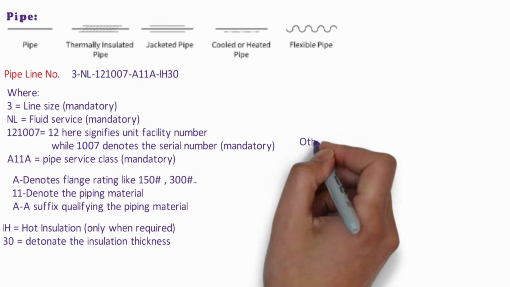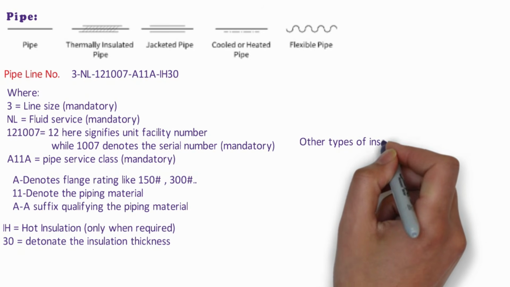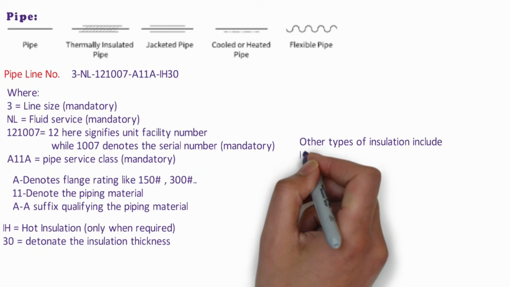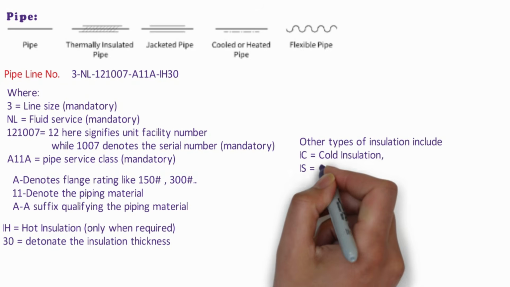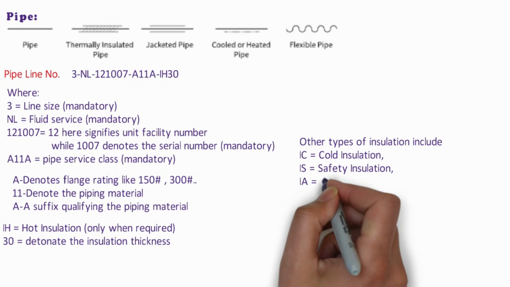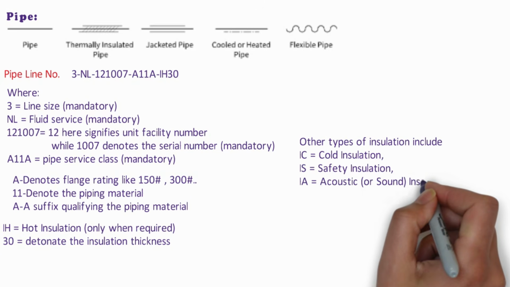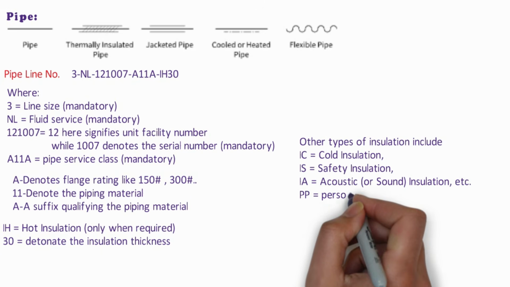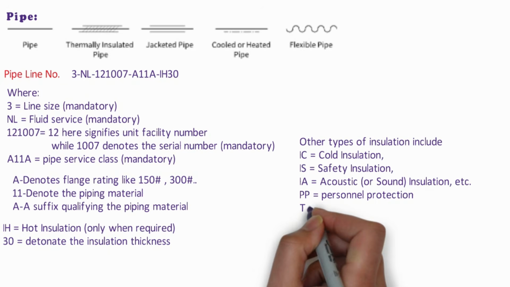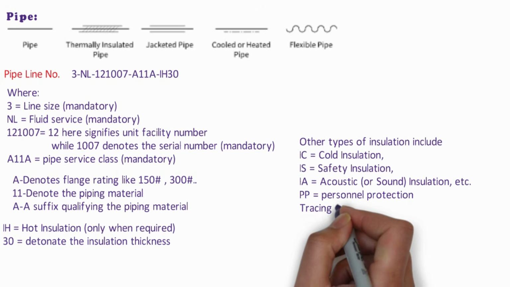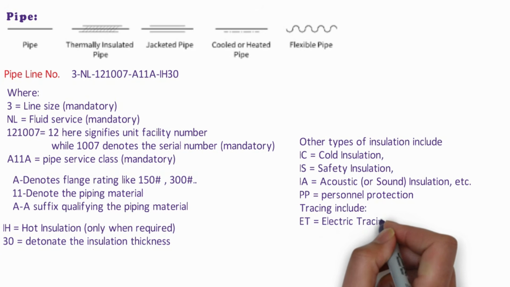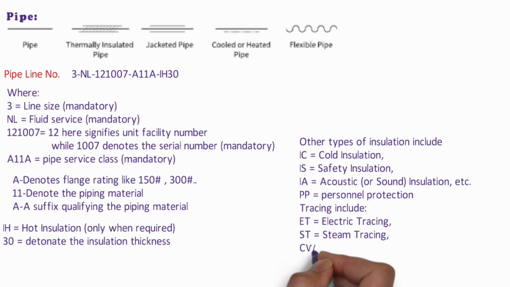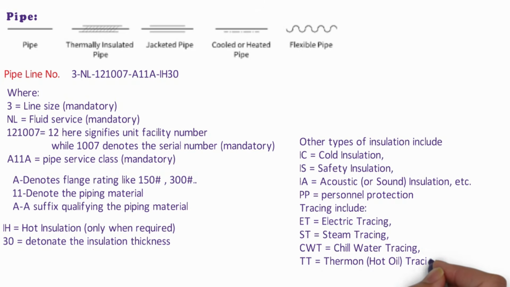There are different types of insulation, which include IC cold insulation, safety insulation IS, acoustic or sound insulation IA, personal protection PP. There are different types of tracing, which include electrical tracing ET, steam tracing ST, chill water tracing CWT, thermal or hot oil tracing TT.